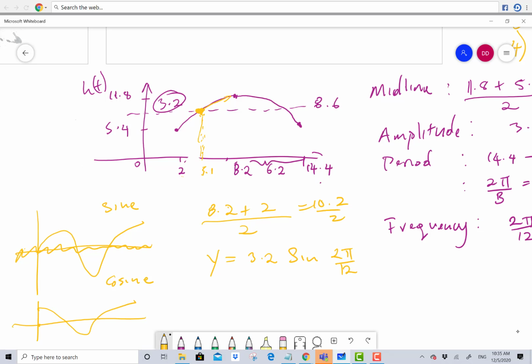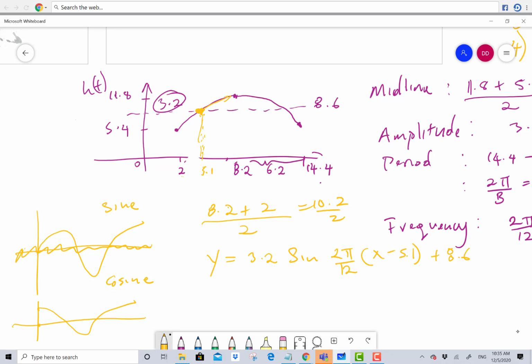And then I'm going to have x. Now notice there's going to be a horizontal translation of 5.1. So if I'm going to the right, it's going to be minus 5.1. And then I'm going to add my midline, which is going to be 8.6. So that completes the equation for the sine graph.